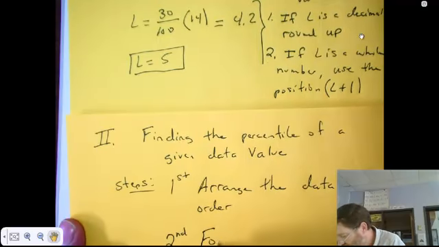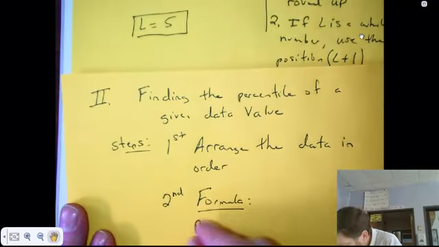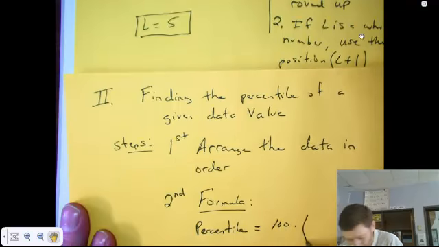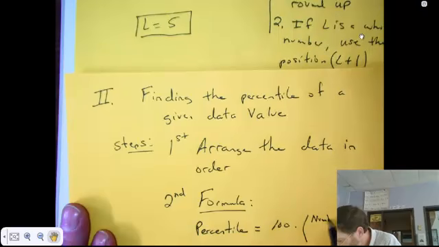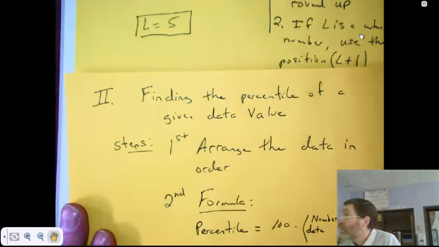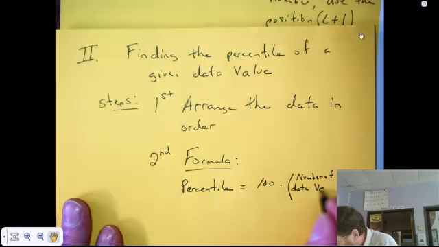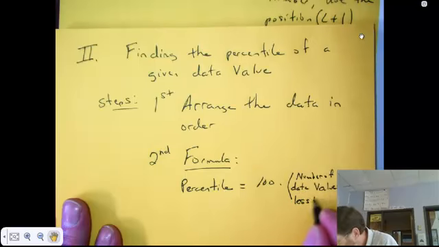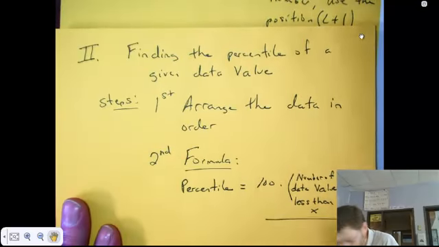Second, the formula we're going to use to find a percentile is 100 times the number of data values less than x, plus 0.5, divide that by n.